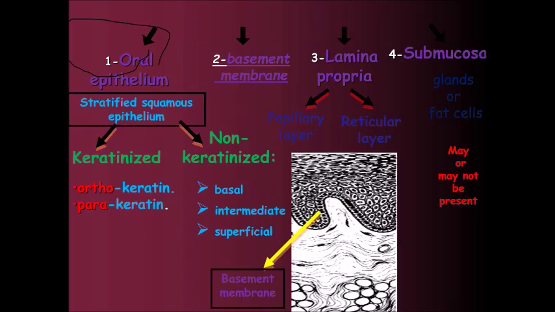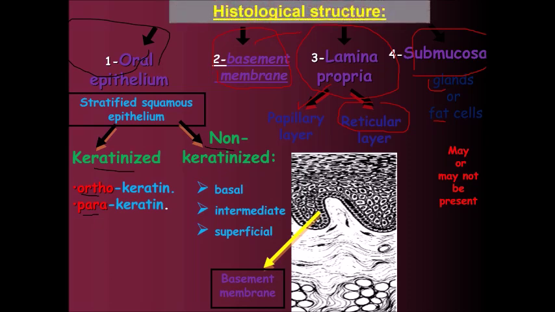The oral epithelium is composed of stratified squamous epithelium, which can be either keratinized or non-keratinized. The keratinized either ortho or parakeratinized. Also we have basement membrane or basal lamina separating the oral epithelium from the underlying tissue, which is the lamina propria.